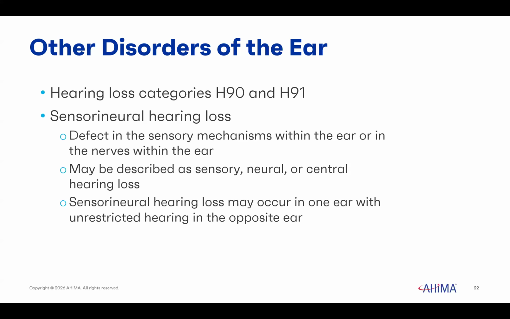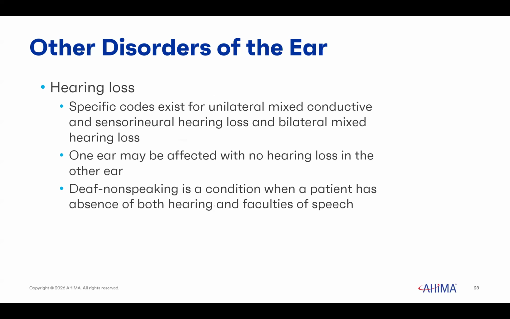And we can have this occurring in one ear with unrestricted hearing in the opposite ear. We can have other unilateral mixed conductive or sensorineural hearing loss. Again, the key here is to read the documentation to make sure we're capturing it exactly as it is.